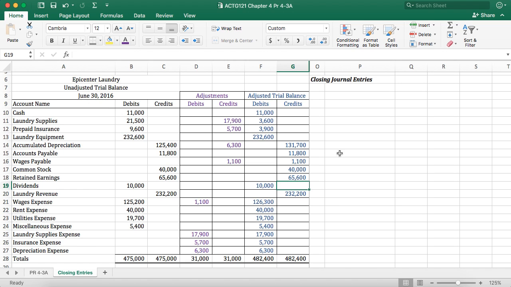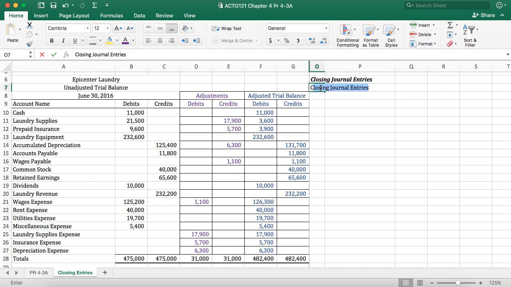So we close the revenue accounts, we close the expense accounts, and we close the dividend accounts. So we close revenue, remember R. We close expenses, remember E. We close dividends, remember D. So we're going to close the red accounts.